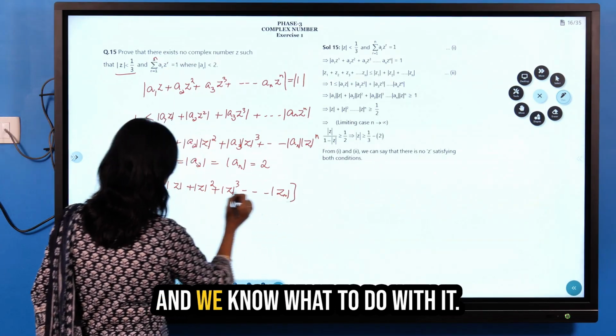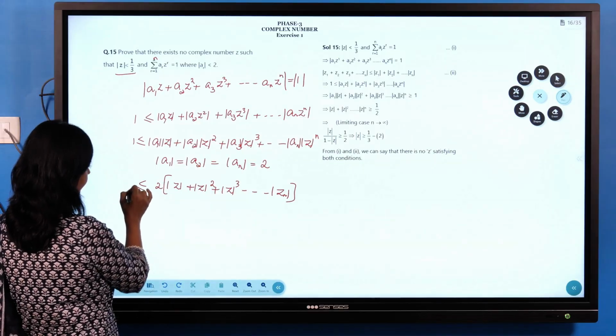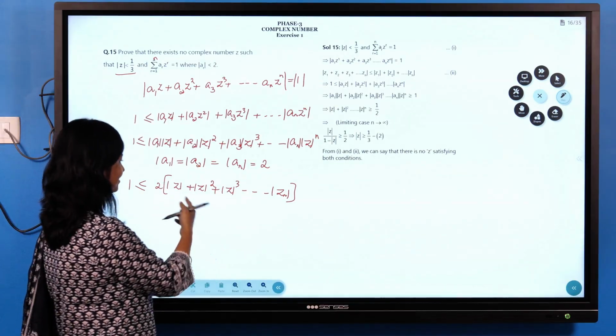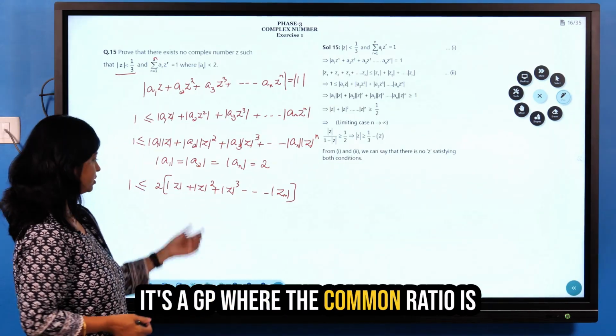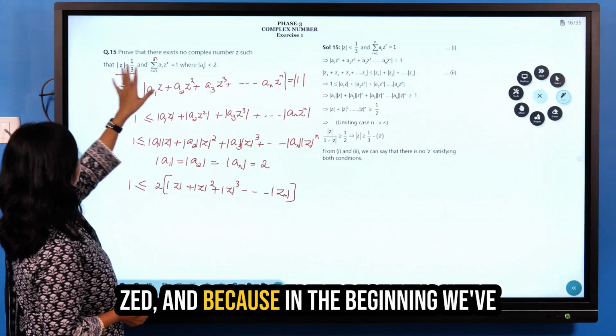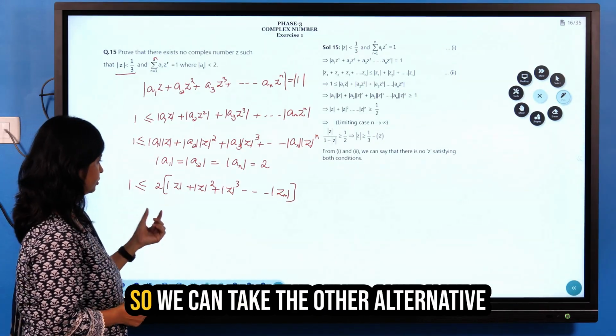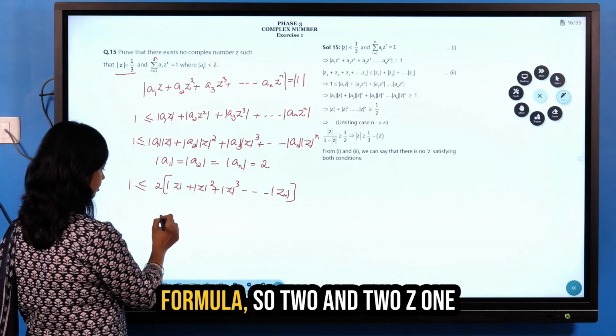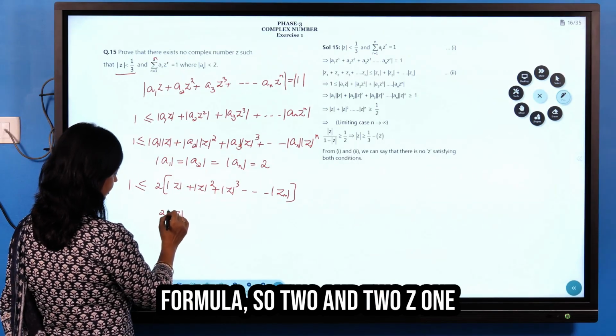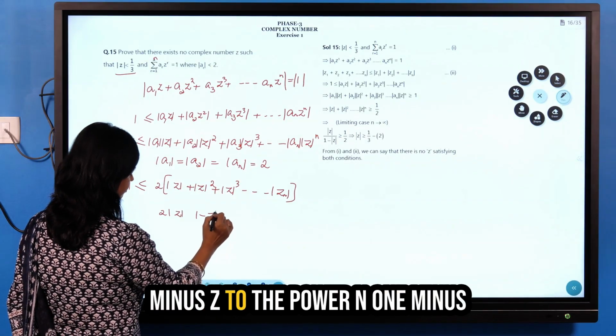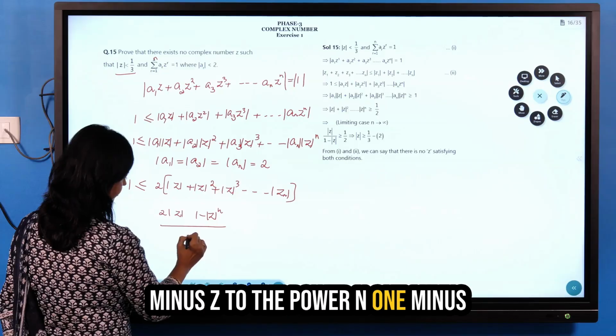We know what to do with it. It's a GP where the common ratio is z. Because we have been told that mod z is less than 1, we can take the other alternative formula: 2 into z times 1 minus z to the power n, over 1 minus z.